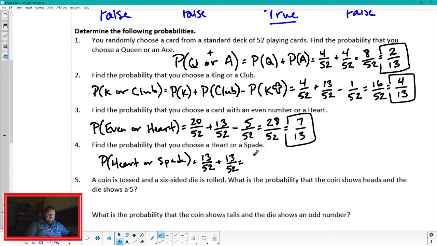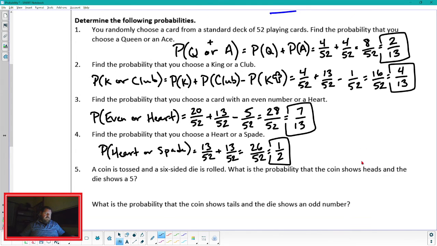So we just add those. And we get 26 over 52, which simplifies quite a ways, is 1/2. Which makes sense if there's 4 suits, and I'm saying what is the probability that you pick one suit or another, we're involving half of the deck. So we get a probability of 1/2.